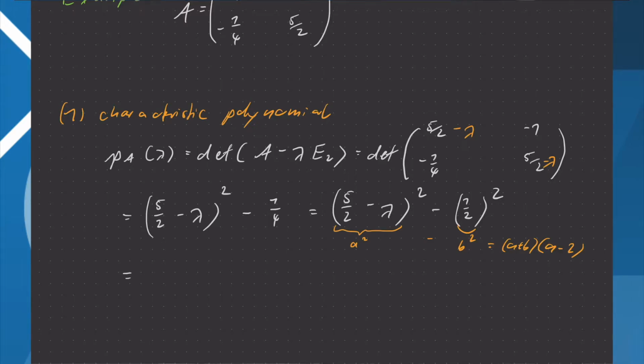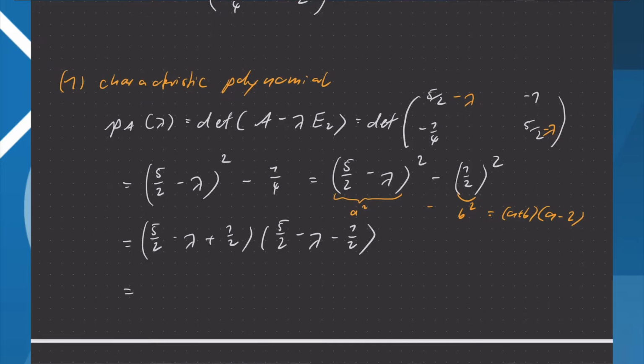So what we get here is 5/2 minus lambda plus 1/2 times 5/2 minus lambda minus 1/2. And after the simplification, 5/2 plus 1/2 is 6/2, so we get 3 minus lambda. And 5/2 minus 1/2 is 4/2, so we get 2 minus lambda here.